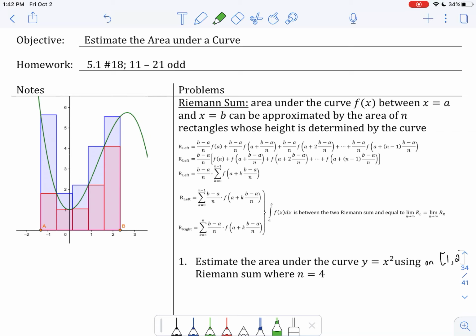What would it look like in series? Because remember, the integral is equal to the Riemann sum as n approaches infinity. Now, the key to recognizing this is you want to make sure that your b minus a over n makes sense and is the same for both.